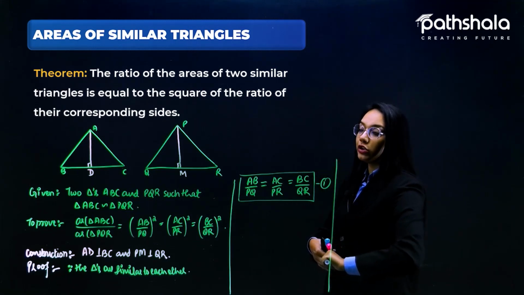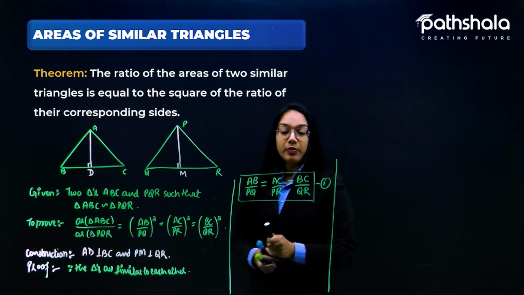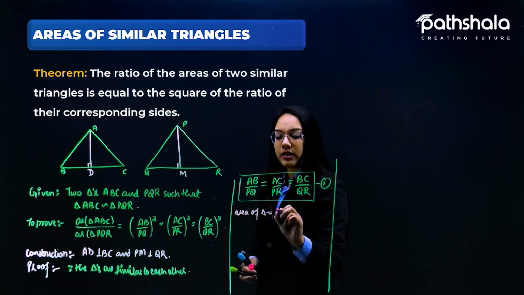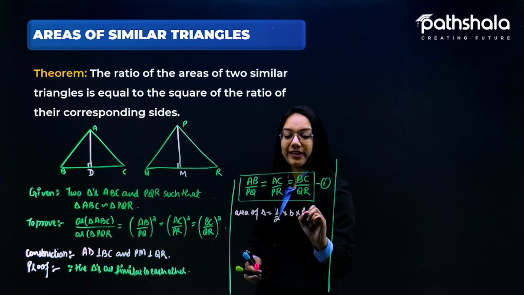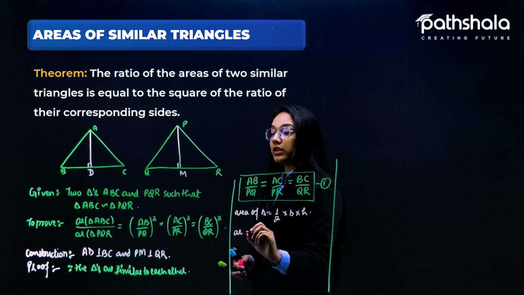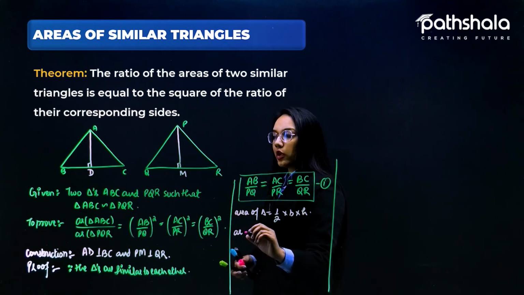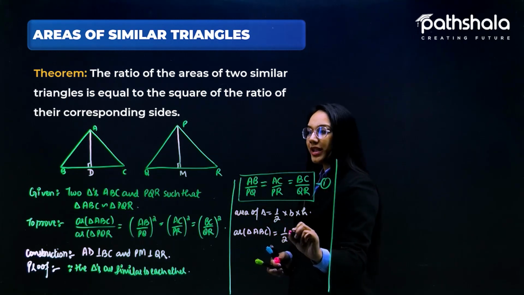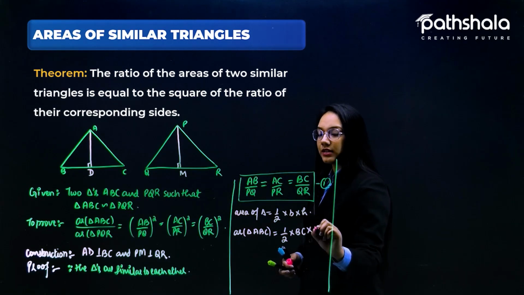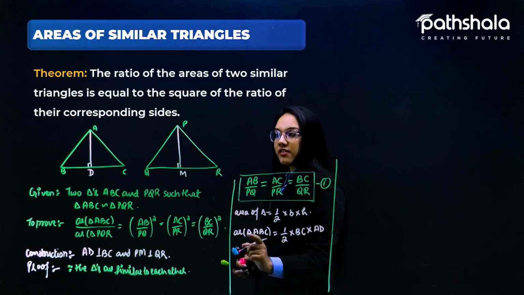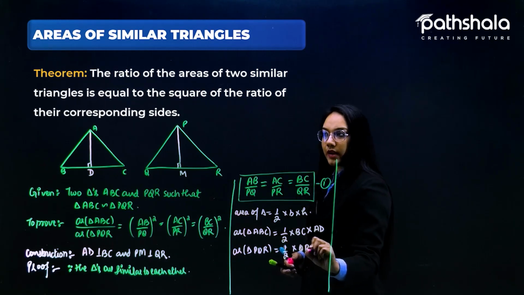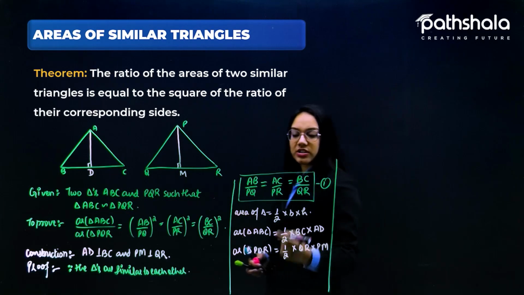Now moving on further and talking about the area. Since we know that the area of a triangle is half into base into height, the area of triangle ABC is half into base BC into height AD. Similarly, the area of triangle PQR is half into base QR into height PM. Let's divide these two.